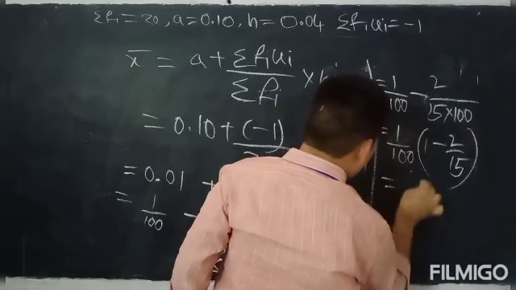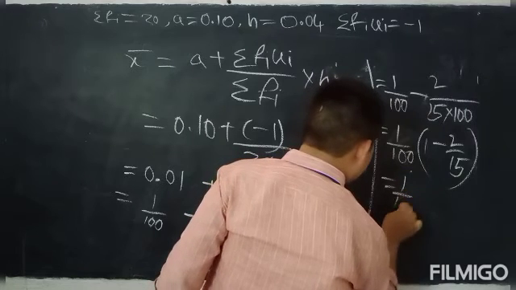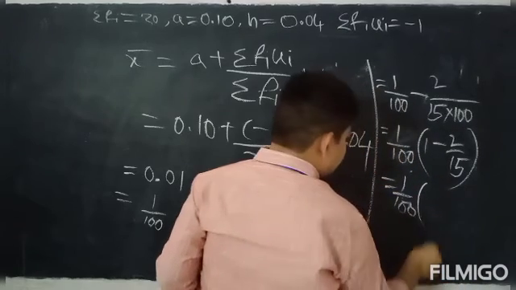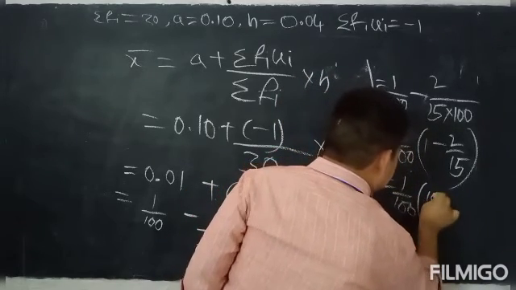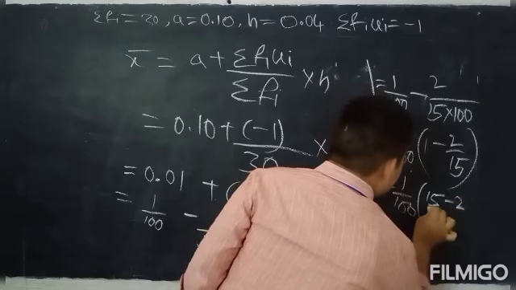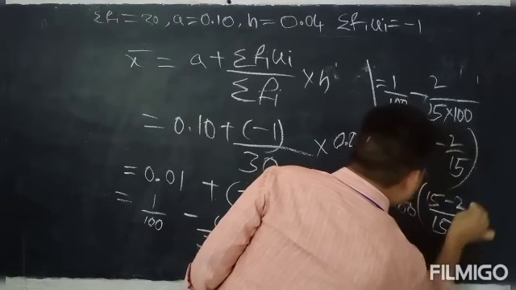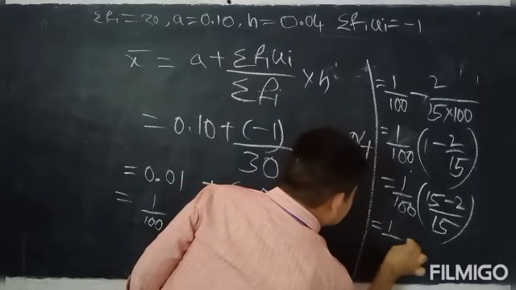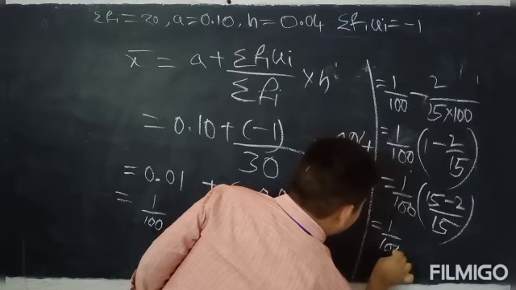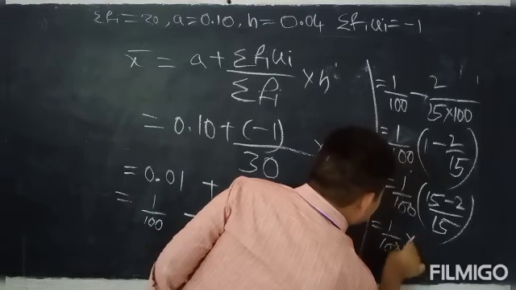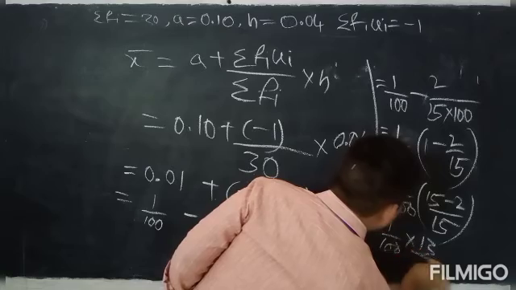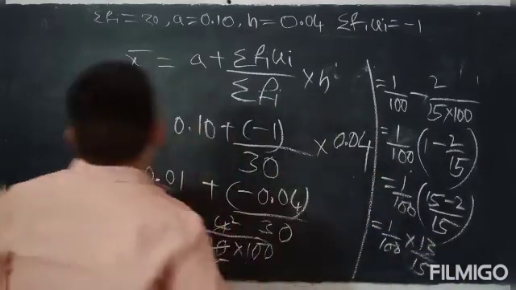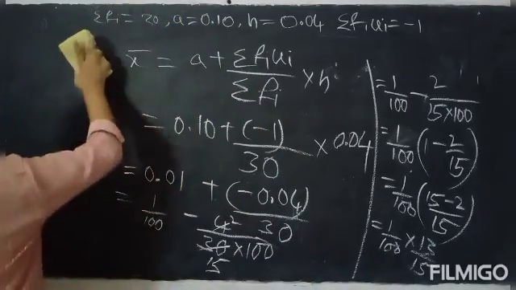Take LCM. 1/100 into 15 minus 2 by 15. So how much? 13/15. 1/100 into 13/15. Okay? 13/15.